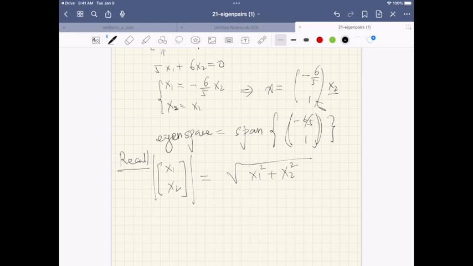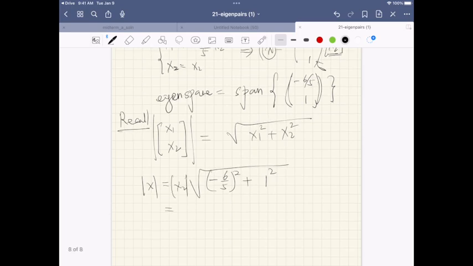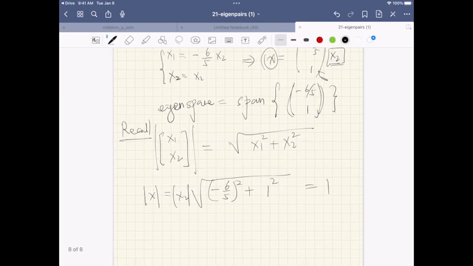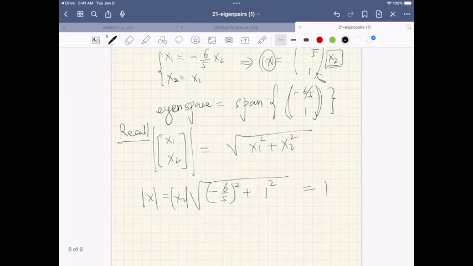The length of x is the square root of negative 6 over 5 squared plus 1 squared, and x2 is a scalar, so you can just multiply by the absolute value of x2 outside. And I want to make this equal to 1. By solving for x2, you are going to find the unit length eigenvector.